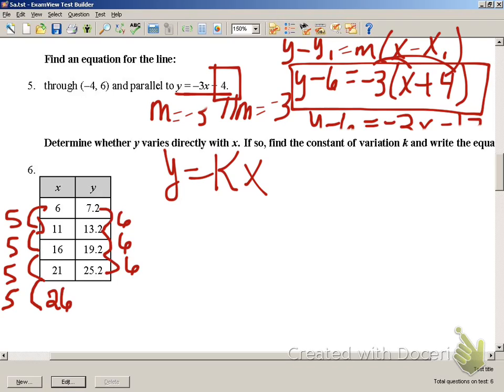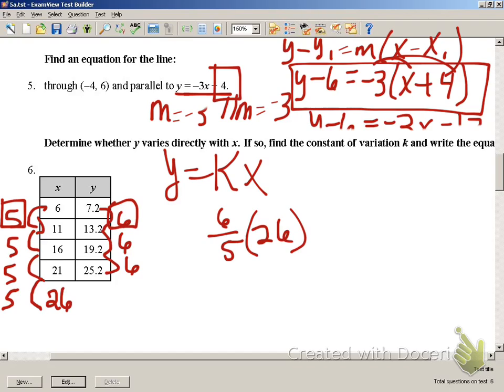Since we have 6 over 5, if I multiply 6 over 5 times 26, the reason we use 26 is that it's the next number, plus 5.